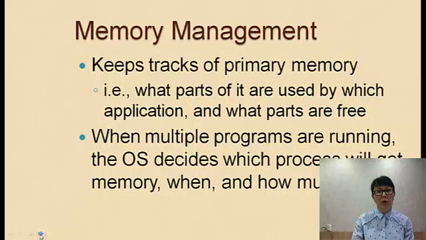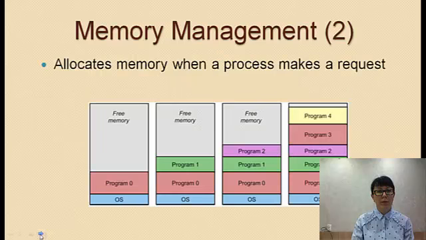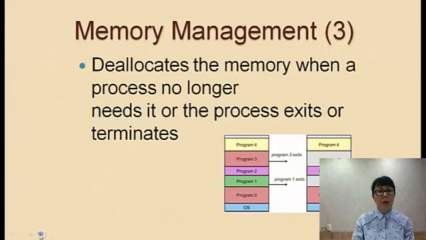When multiple programs are running, the OS decides which process will get memory, when, and how much. Memory management allocates memory when a process makes a request, and deallocates the memory when a process no longer needs it or the process exits or terminates.